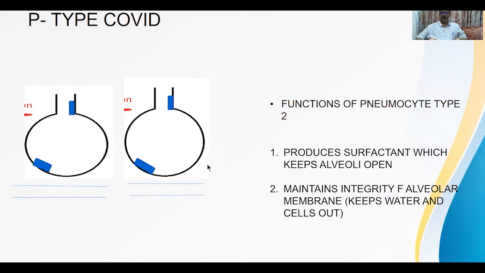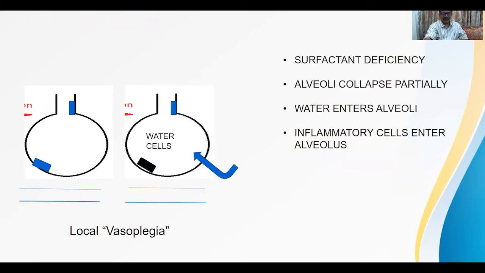Let us see. Now what is happening here? The Clara cell is functioning very well. Pneumocyte 2 is not functioning very well. Pneumocyte 2 has become dysfunctional. Integrity is compromised. Outside things are coming inside. What are the outside things? Water. Water in the interstitium is rapidly coming inside. Also inflammatory cells, macrophages. They are waiting for this. Macrophages start going inside. So now this alveolus will be full, partially or completely, with water and cells.